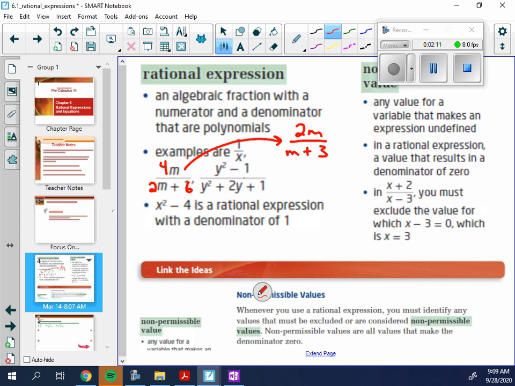But that's all I can do. So I can reduce all the coefficients, or I can factor it and cross them off. So this guy right here, and we'll practice this within the examples, y squared minus 1 is actually y plus 1 with a y minus 1, because it's difference of squares. And the bottom, if you factored it, it's a y plus 1 with another y plus 1.